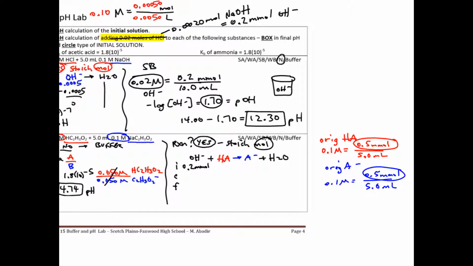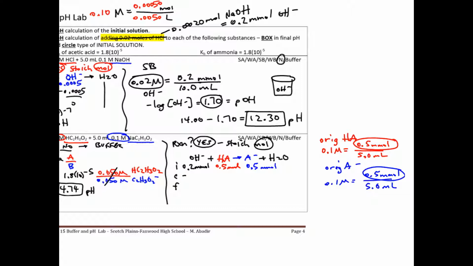So I write these numbers over here, 5.0 millimoles. HA was oh, I wrote that wrong, I'm really sorry. Millimoles should be 0.5. So this is 0.5. The A minus is 0.5. I'm trying to avoid problems with these zeros by using millimoles.